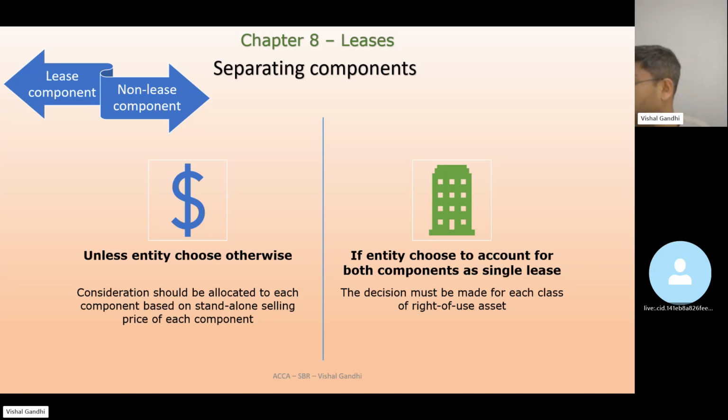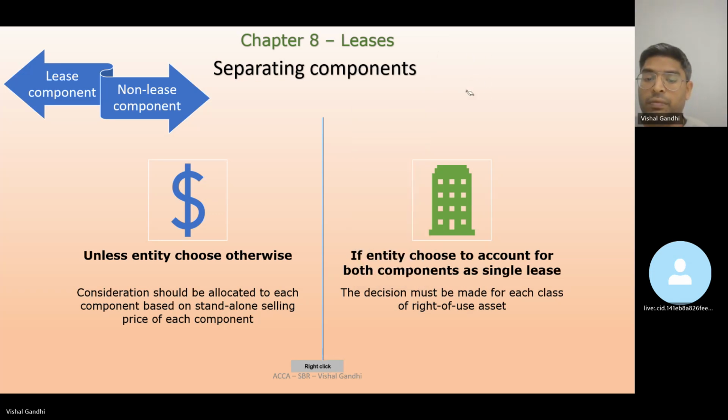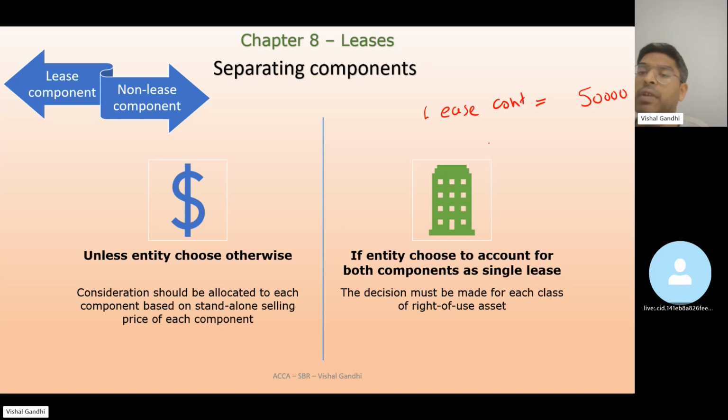So for example, suppose a lease contract, say 50,000, just an example, okay? This has two components. One is the lease component and another is the non-lease component.